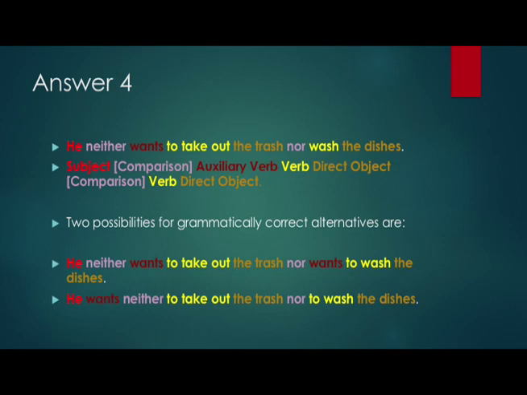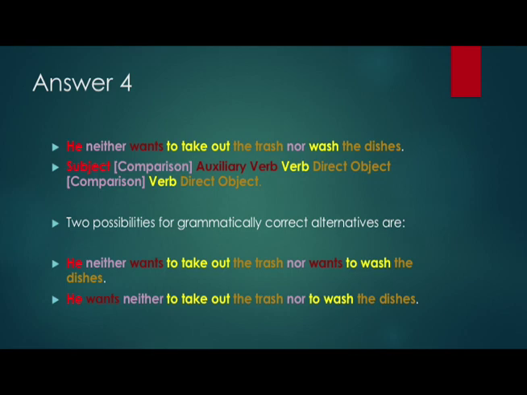So again, whether it's either or, not only but also, whatever follows each of these words has to be grammatically parallel to the other. So, neither is followed by wants to take out the trash, nor is followed by wash the dishes.